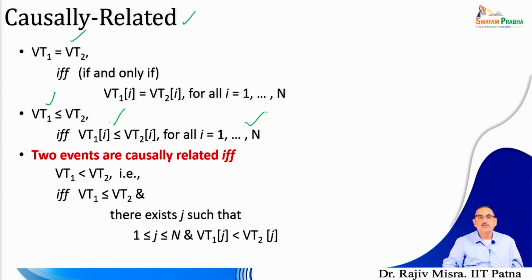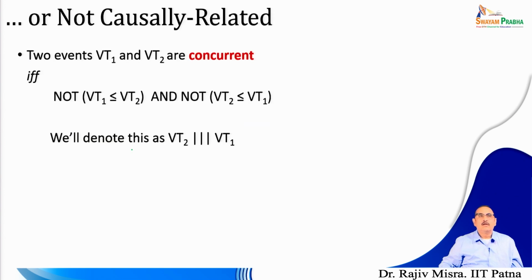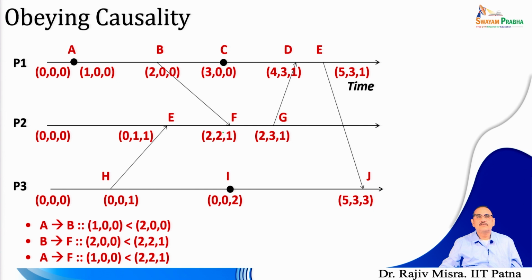Two events are causally related if and only if vector time t1 is strictly less than vector time t2. Not causally related means the two events are concurrent, that is, neither V(t1) is less than V(t2), nor V(t2) is less than V(t1). Therefore, this is called a concurrent event in the case of vector timestamps.